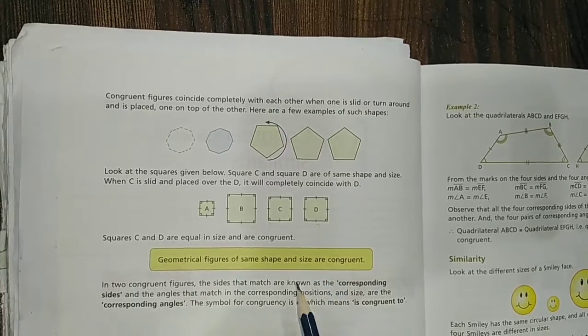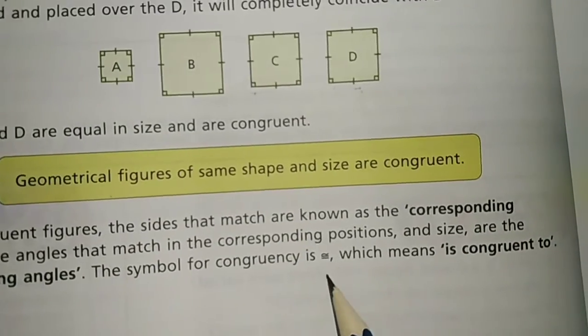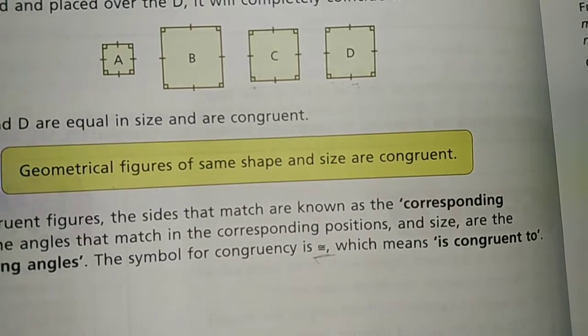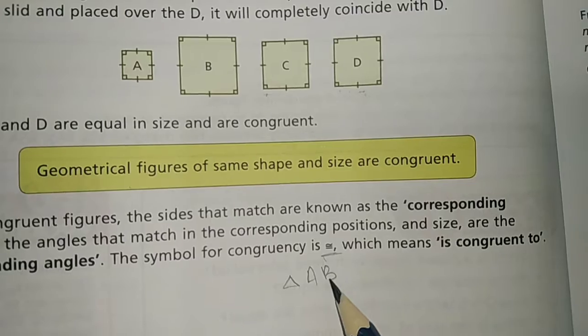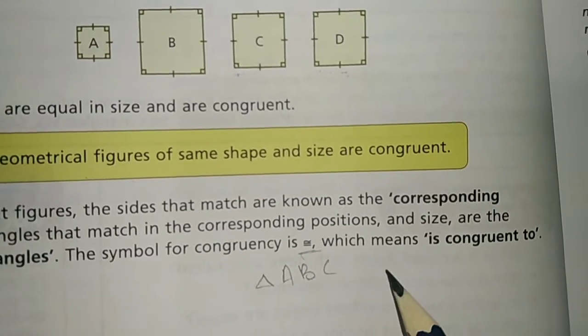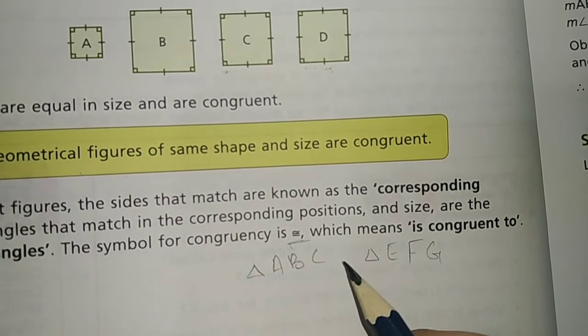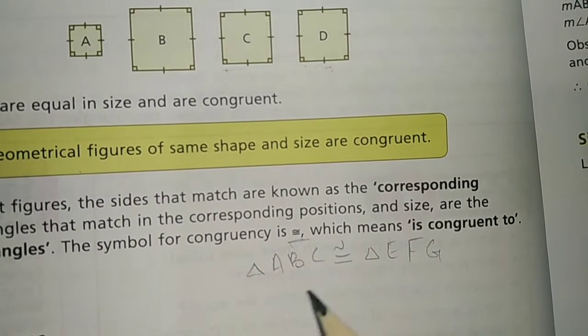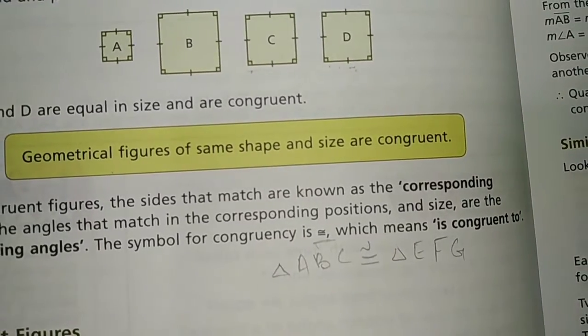And the symbol for congruency is this, which means is congruent to. If we write triangle ABC is congruent to triangle EFG, so triangle ABC is congruent to triangle EFG.